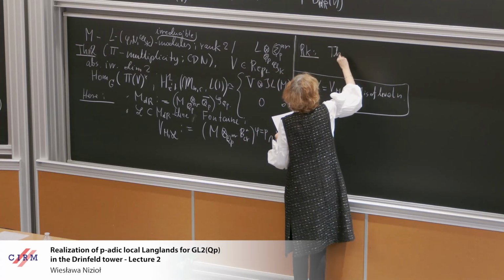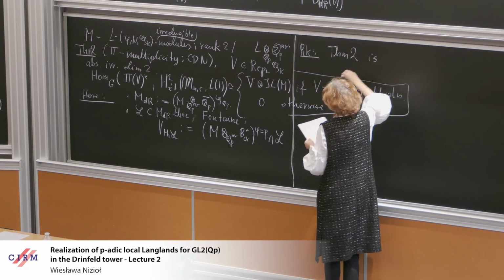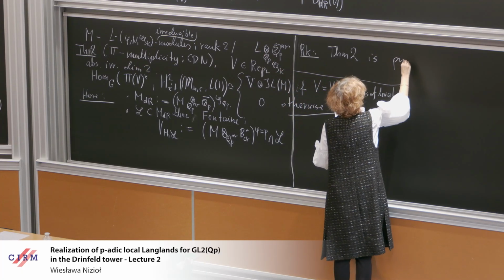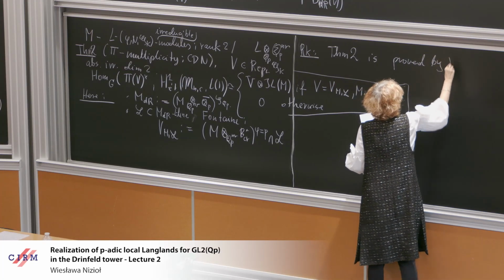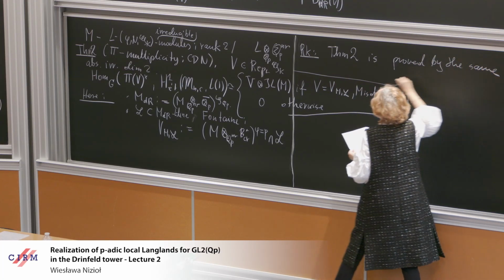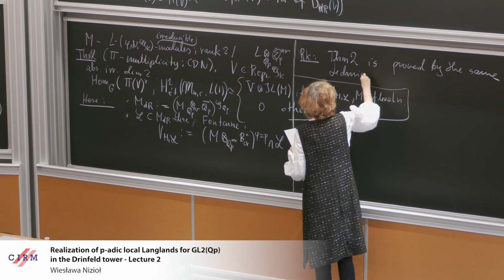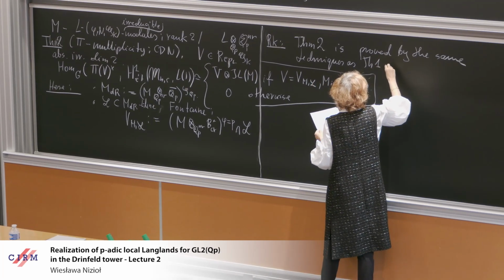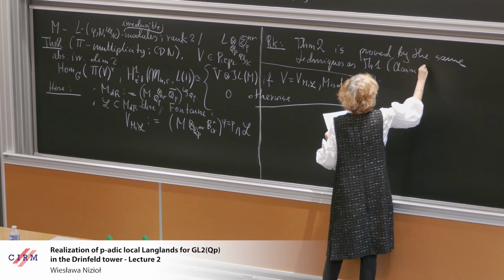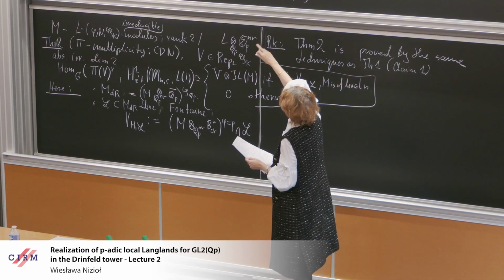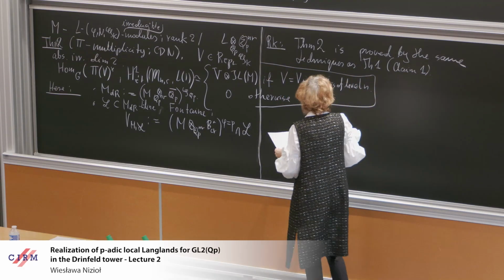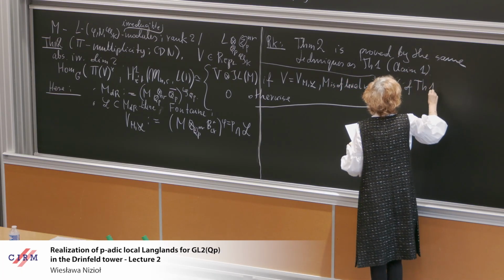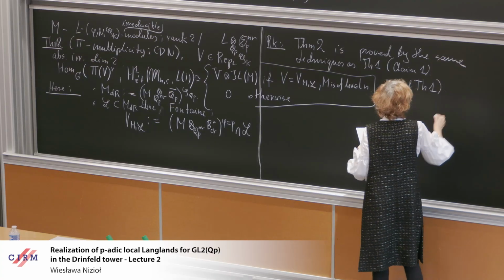So this theorem 2 is proved by the same techniques as theorem 1, actually claim 1 of that theorem, so the first claim of the theorem, not the second. I'm going to focus on sketching the arguments for theorem 1. And let's now start with the proof of this theorem 1, claim 1.